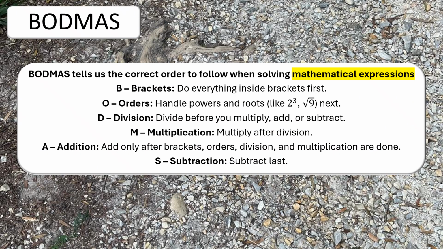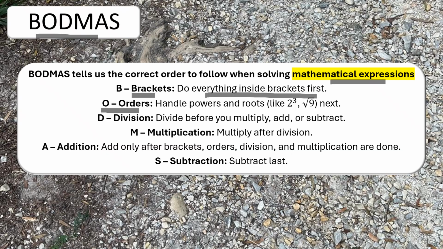Right, BODMAS. Some revision on BODMAS. When you solve equations or mathematical expressions, we first do the brackets, do everything inside the brackets. Then we look at the orders. And what are orders?